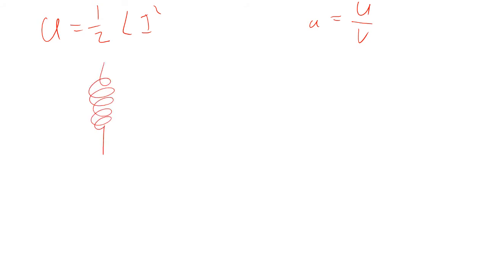Okay. Well, if the energy stored in there is equal to 1/2 Li squared, we know the energy density, little u, is that over the volume. So we think, well, what would be the volume here? If we think of the inductor in its simplest form, it's like a solenoid, it's a coil.